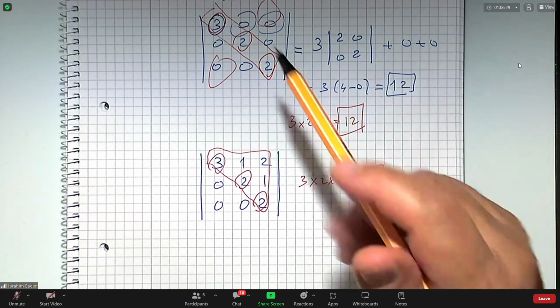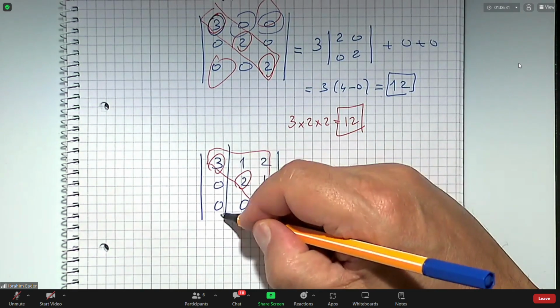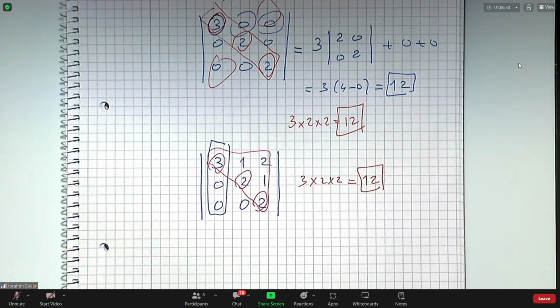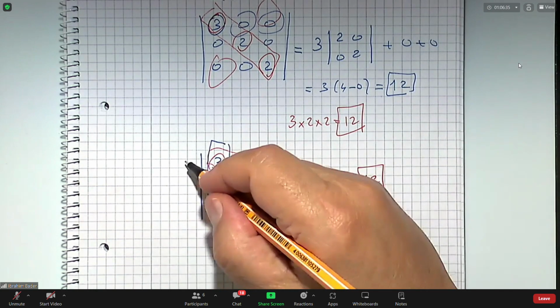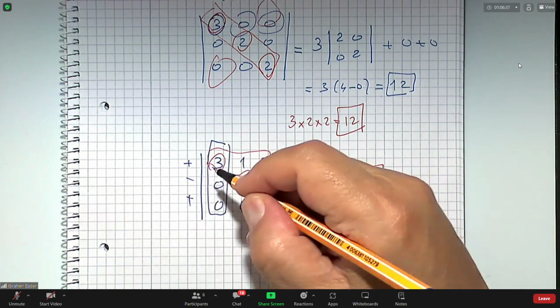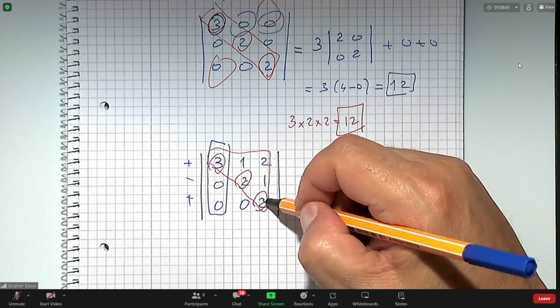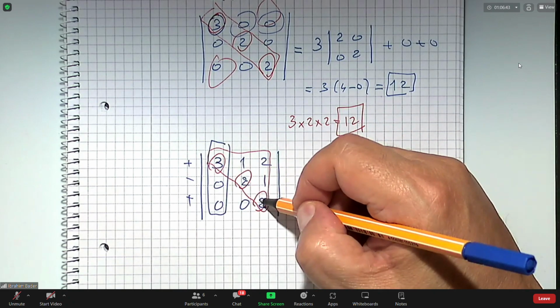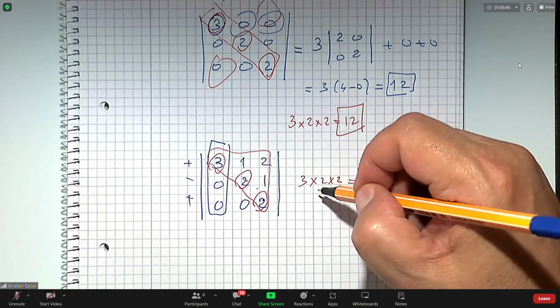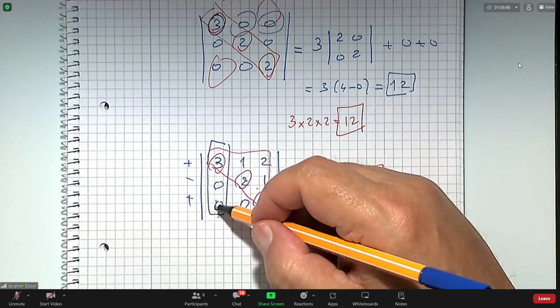Now here you see, I can also evaluate along this column. If I do that, of course I need the signs plus, minus, plus. Then I have 3 covering this, then I get 2, 2, 4, minus 0 times 3, which also gives me 12. The others will give me 0.